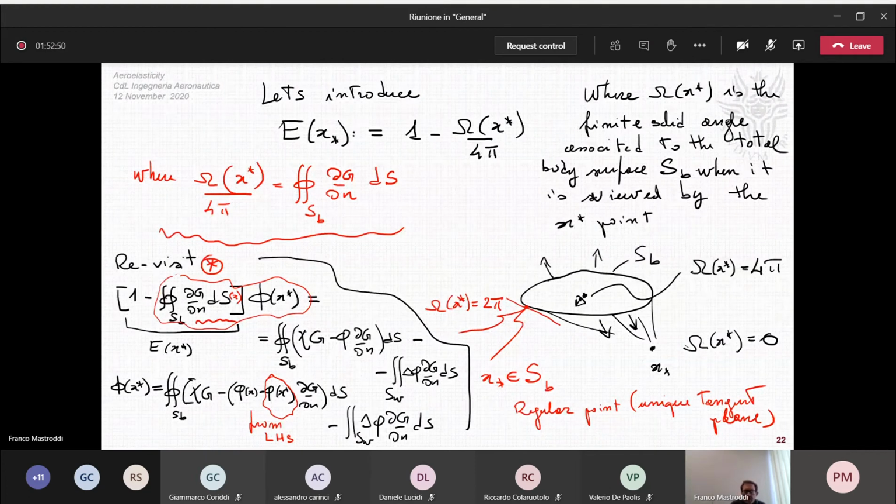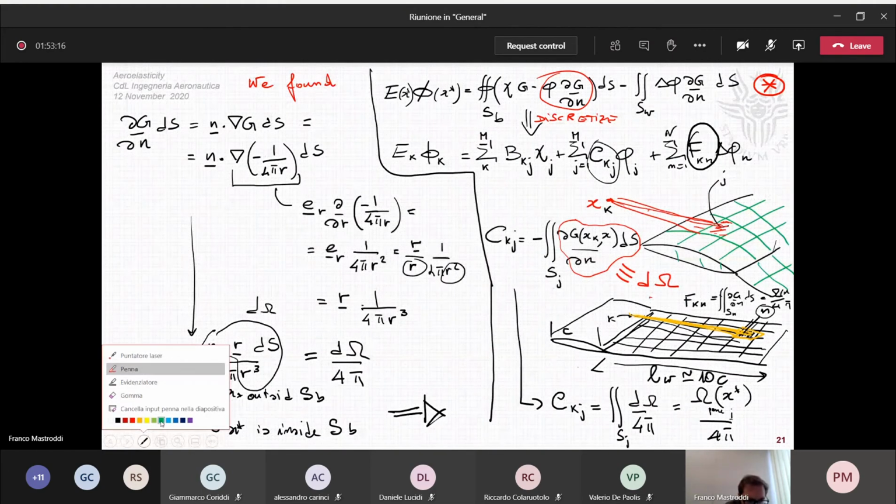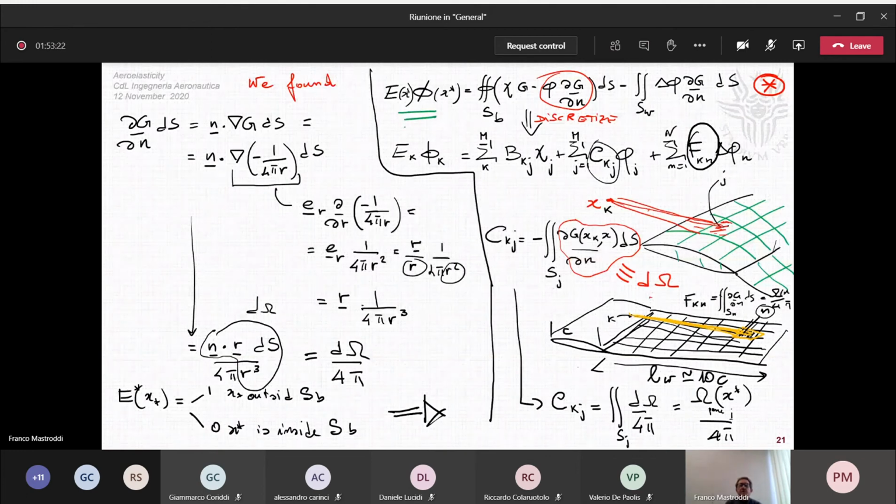So in some books you can find your integral equation in this form here, which is general, independent of the nature of the x star point. Or you may have a more detailed expression of your formula in this form here. But here you have to specify the value of E in the case x star is on the surface, is inside the fluid, is inside the body. Okay?